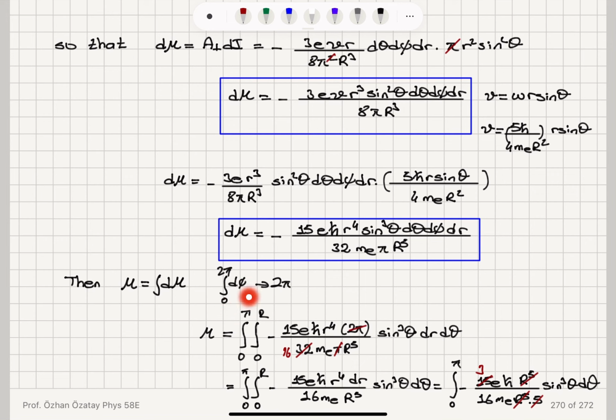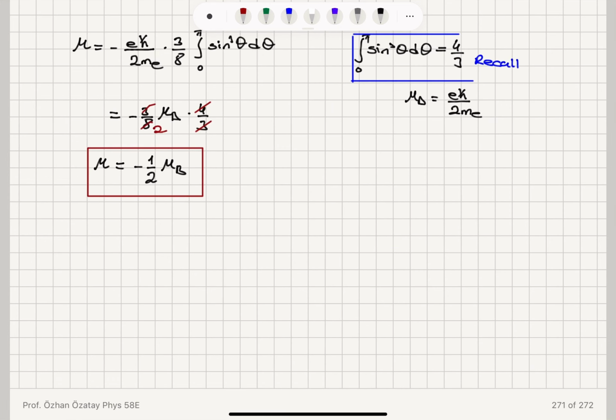The integral from 0 to 2 pi d phi gives us 2 pi. The integral from 0 to pi of sine cube theta d theta gives us 4 over 3. And 0 to capital R gives us capital R to the 5 over 5. So by multiplying all of these factors and noting that a Bohr magneton is e h bar over 2 m e, the final result we obtain is minus 1/2 Bohr magnetons.